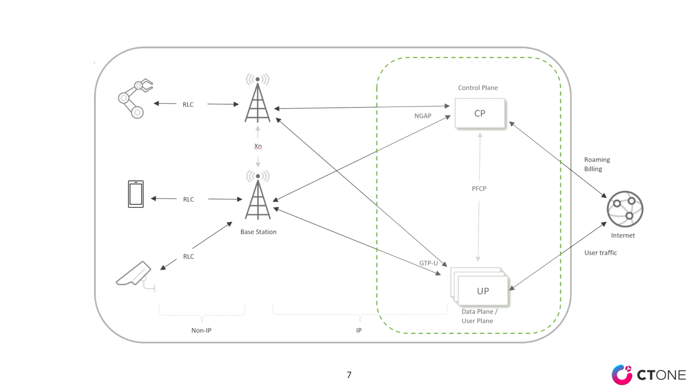For user plane, all the user traffic, that means HTTP or call or RTP, streaming, everything, will be tunneled inside a UDP tunnel, which is called GTPU tunnel. So from this slide, we just need to remember that control messages go to control plane, and the user data goes to user plane.